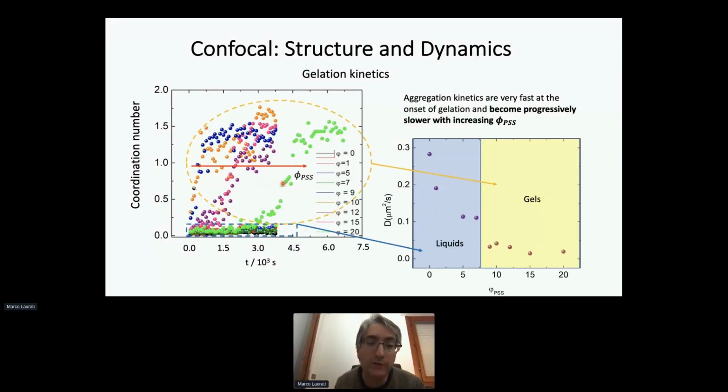So if we quench the system more into the gel state, the kinetics becomes slower, which is sort of counterintuitive, I would say, to some extent.